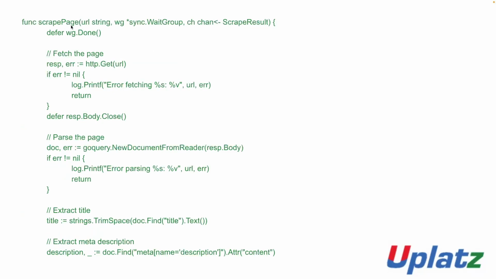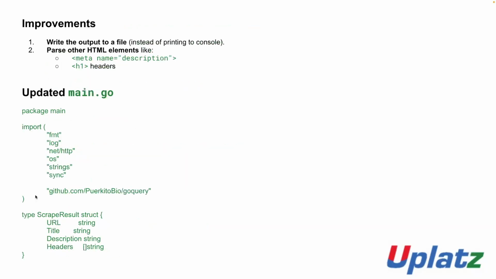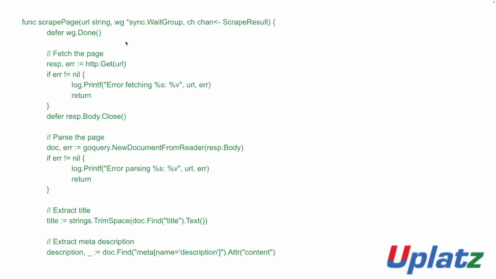Func scrapePage, URL of type string, wg a pointer to sync.WaitGroup, and the channel, again, it's receiving and storing values, scrape results. It's not string, just like the previous one. It's the scrape result structure, we shall use this structure. Okay. It is stored here.